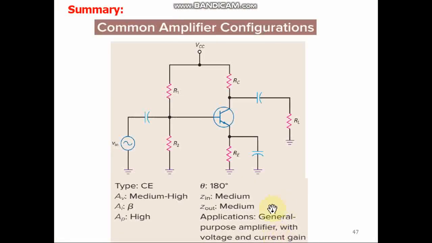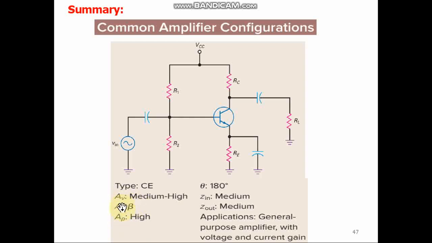Now let us look at the summary of all the three types of amplifier that we have learned. First is common emitter, which will have a voltage gain medium to high based on the value of the resistance we are considering. Current gain is beta, and AP, the power gain, is high because the voltage gain is medium to high and the current gain is high.